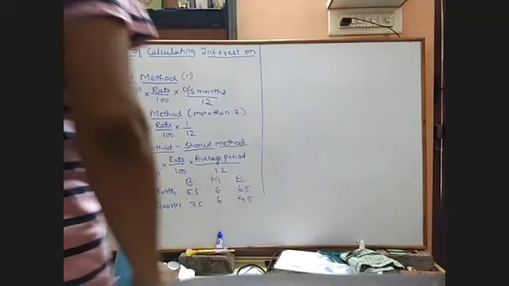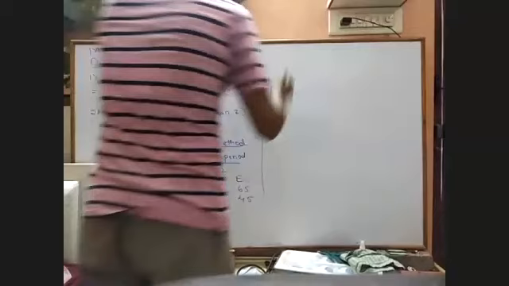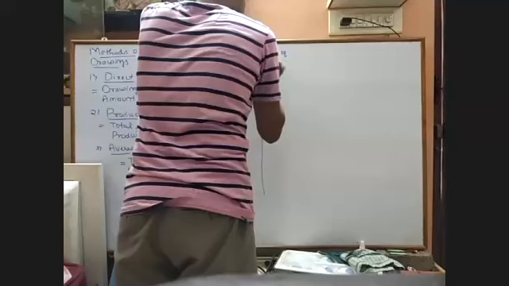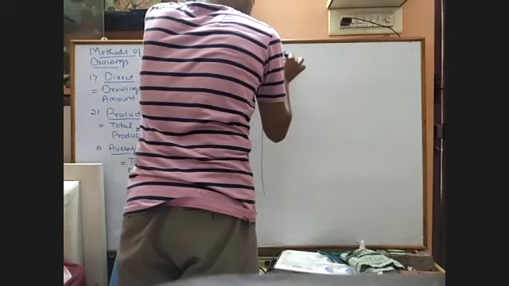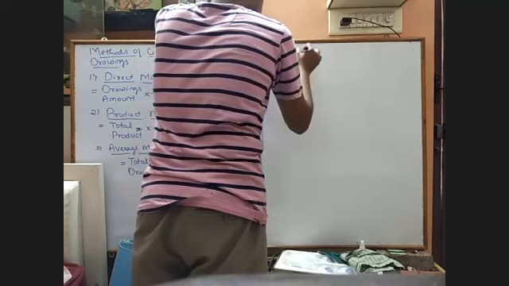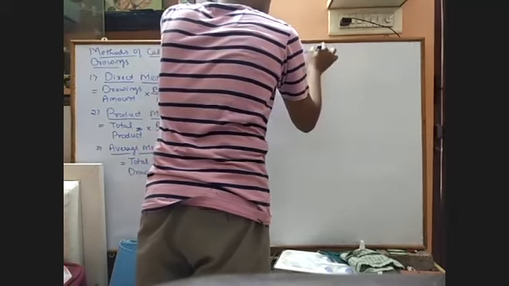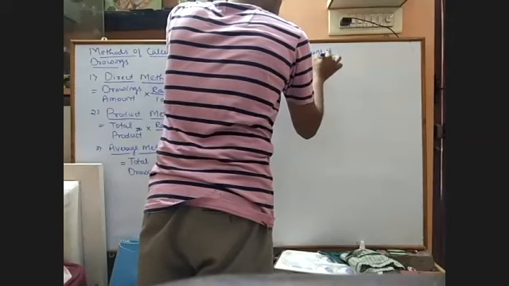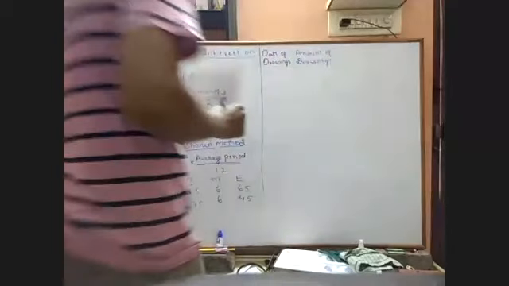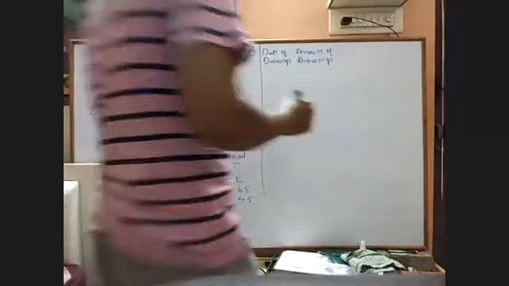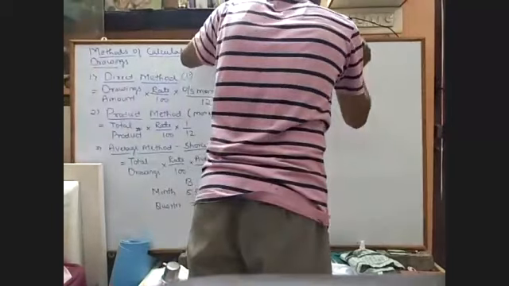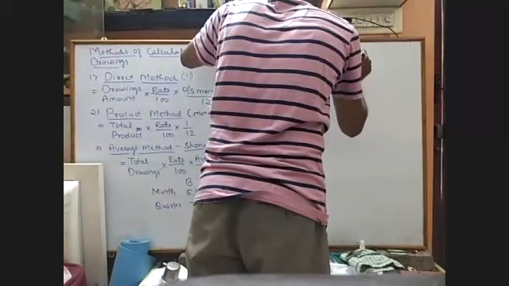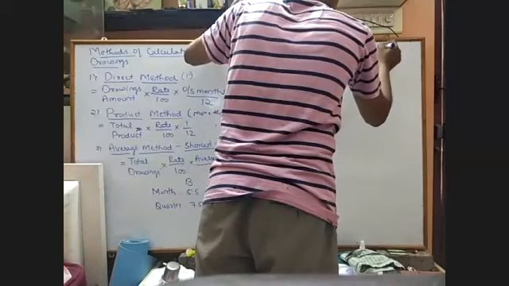The first one is date of drawings, next is amount of drawings, next is outstanding months, and then the last is product.